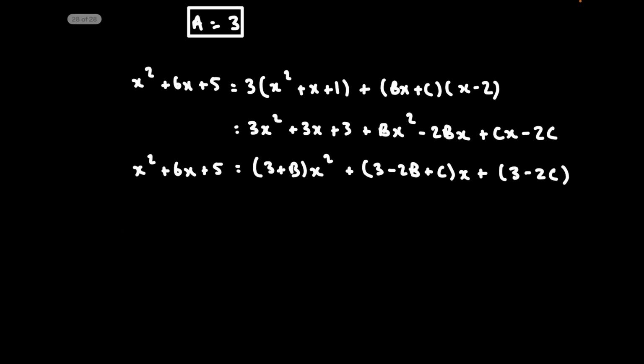So I'm going to say that the coefficient of the x squared term, 1, is equal to the coefficient of the x squared term on this side, 3 plus b. Solving for this, I get b equals 1 take 3, or simply minus 2.